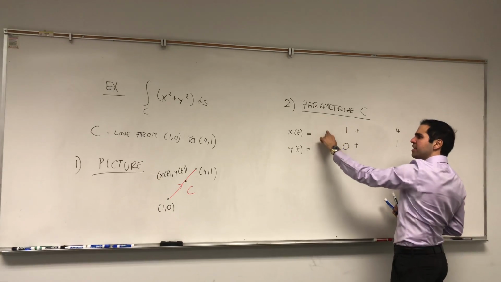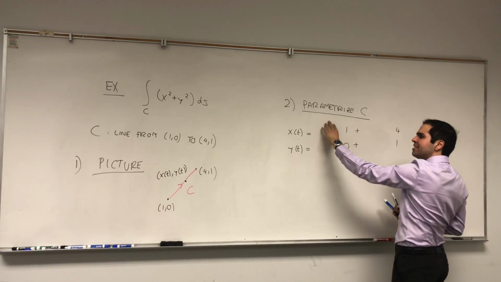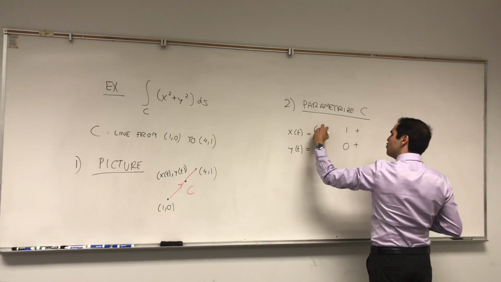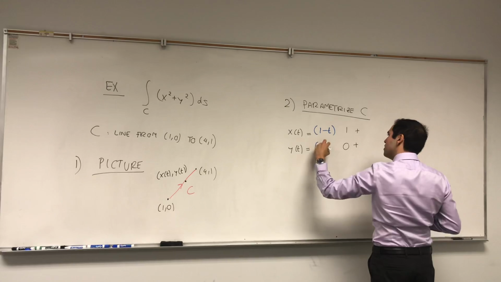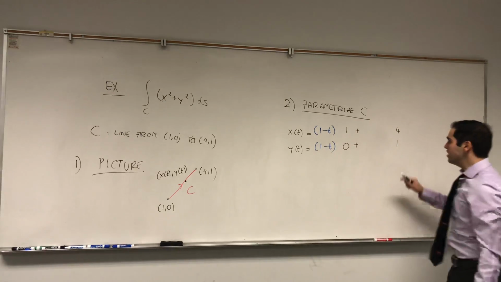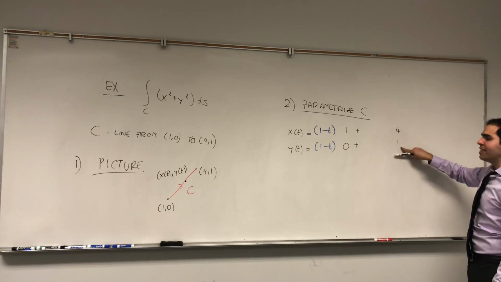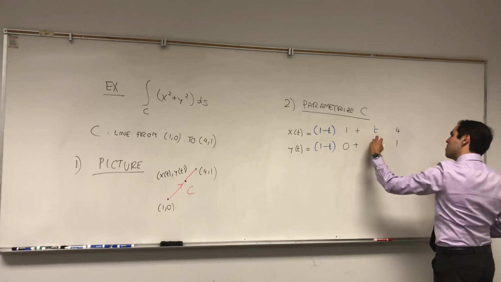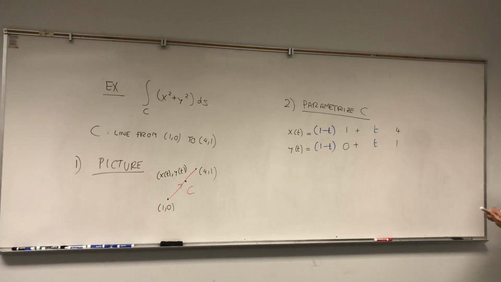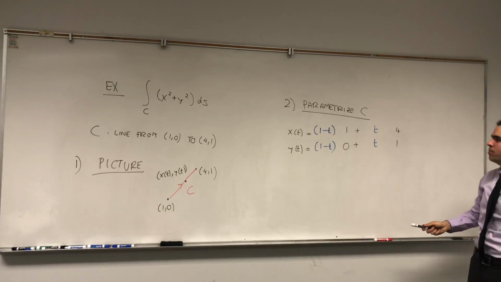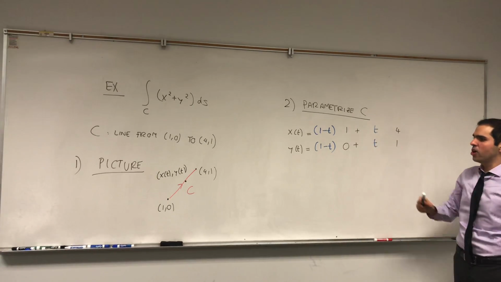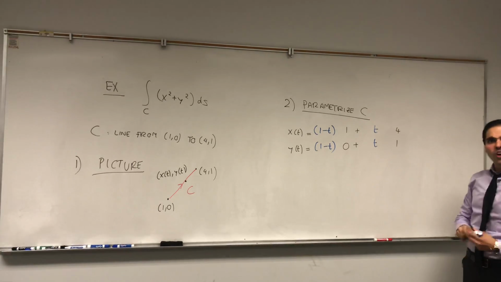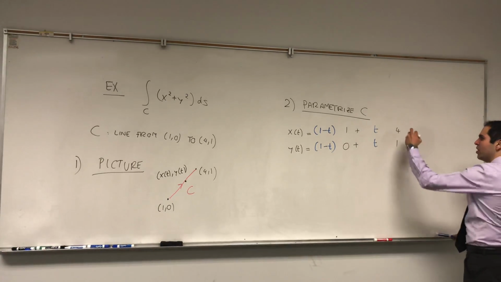The problem is, if you put t here, then at 0, those two things would disappear. That's why you have to put 1 minus t. On the other hand, at 0, you want this to disappear, so you have to put t. And in fact, you can check, if t is 0, this does become (1, 0). If t is 1, it becomes (4, 1), which is precisely what you want.